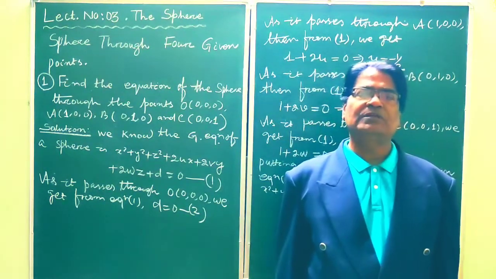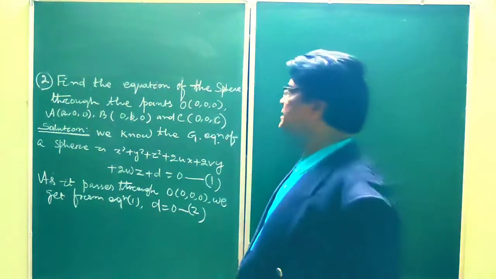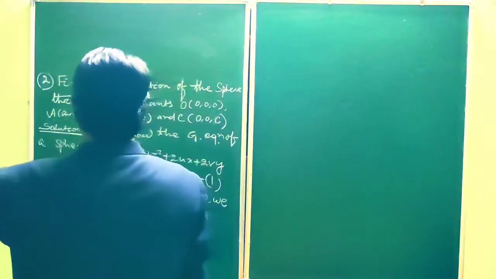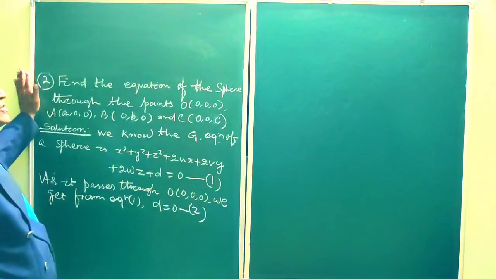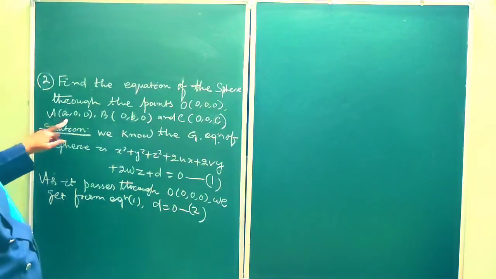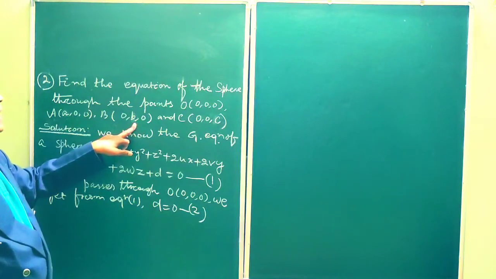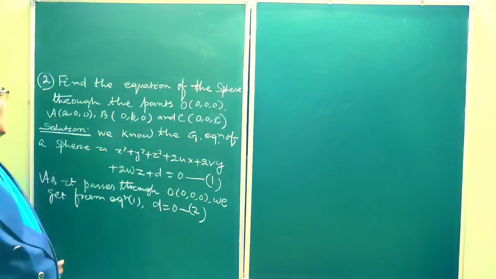Let us proceed to solve another problem. Our second question is, find the equation of the sphere through the points O of 0, 0, 0, A of a, 0, 0, B of 0, b, 0 and C of 0, 0, c. Solution.